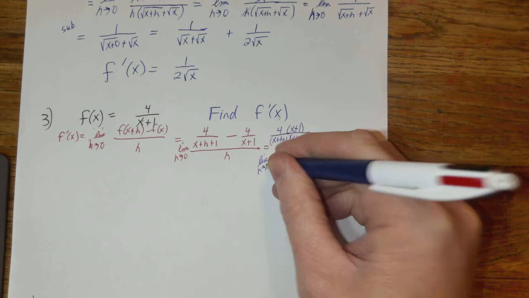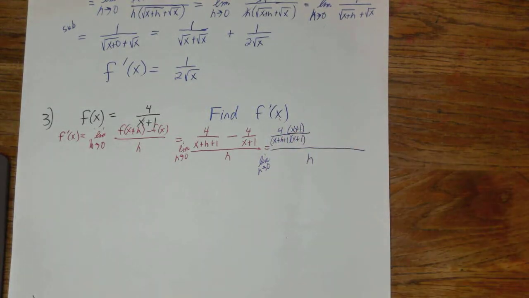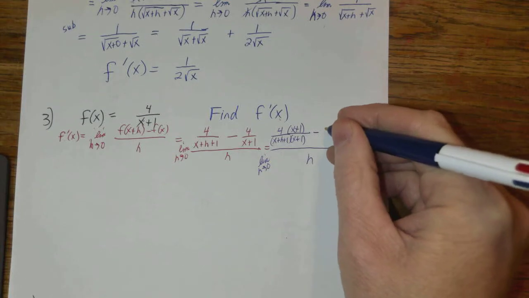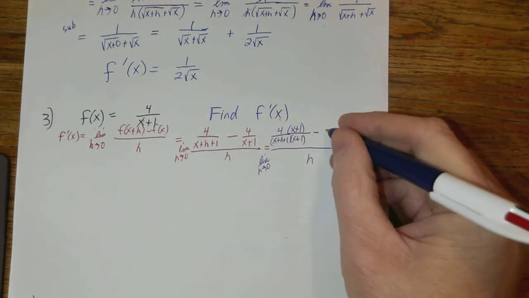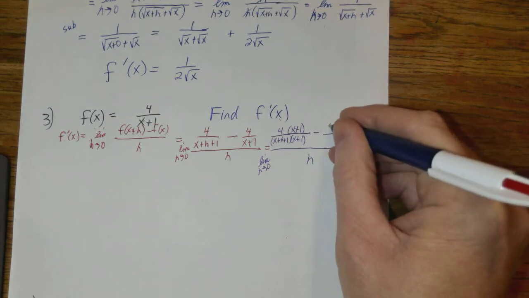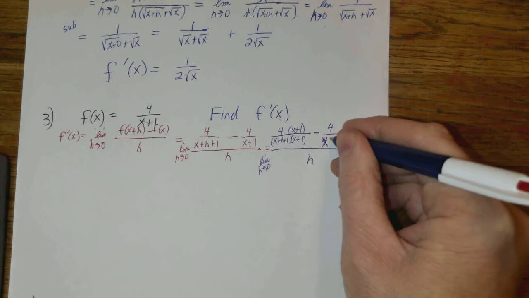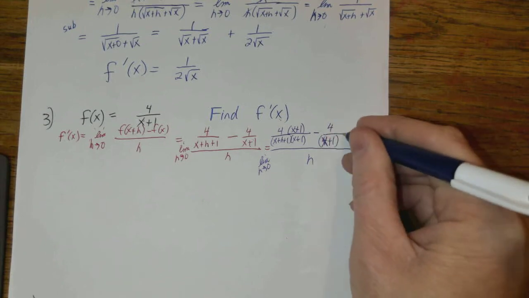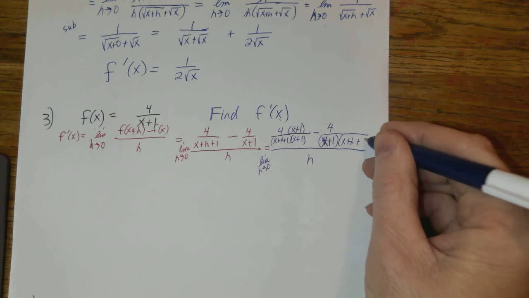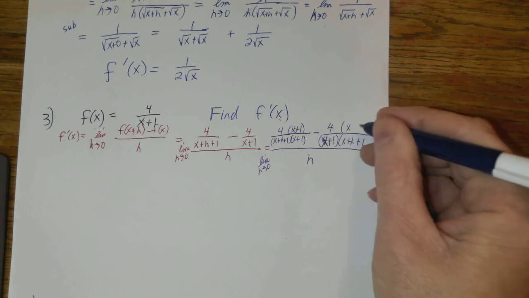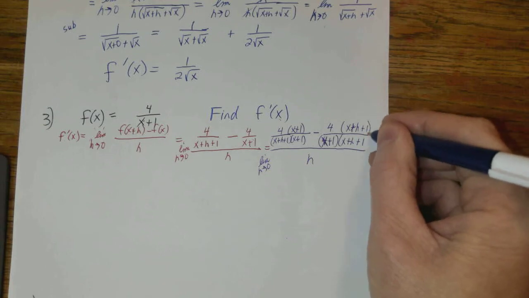Limit as h approaches 0. I am always forgetting that. Minus, and then this one, I'm going to multiply the 4 over x plus 1 times the x plus h plus 1 over x plus h plus 1.